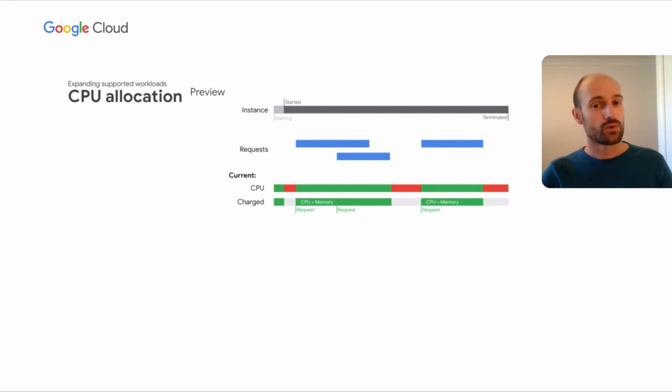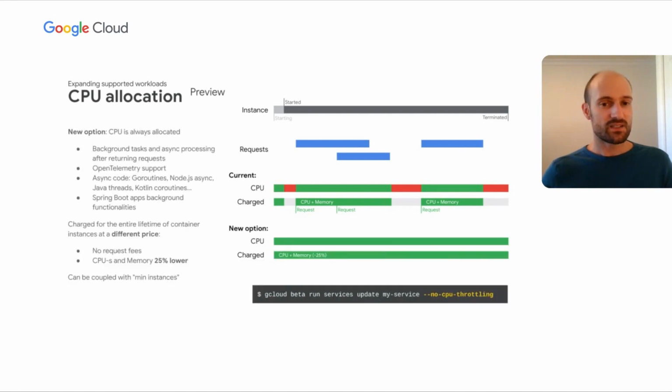As a customer, you would also only be charged when the CPU is allocated. And in particular, you are charged for CPU and memory, but also you are charged every time a request arrives. We are introducing the ability to opt out of this CPU throttling by simply saying that you want the CPU to always be allocated to your container instances as long as the instance is alive.